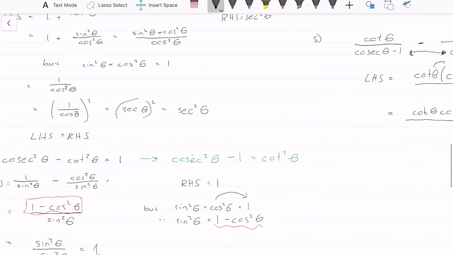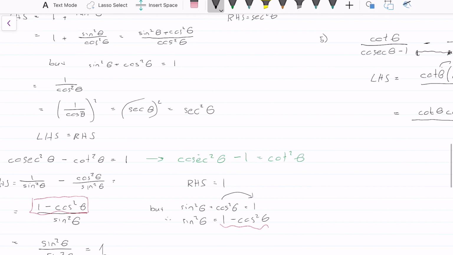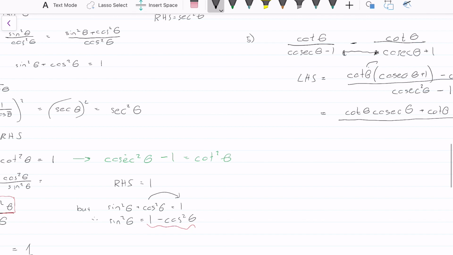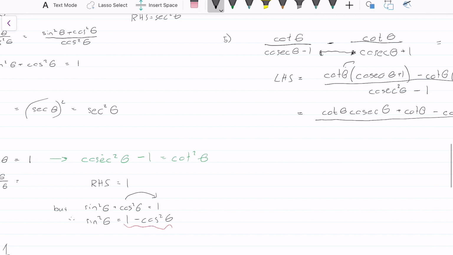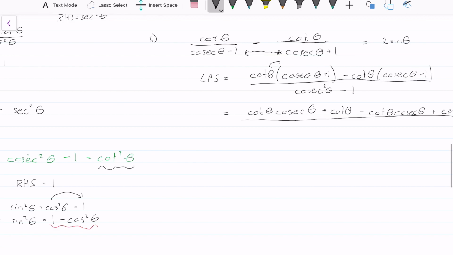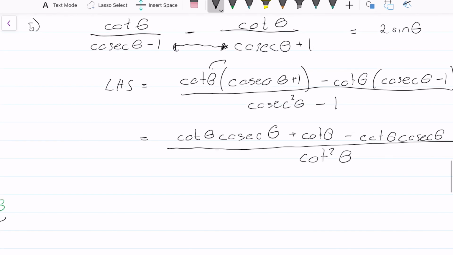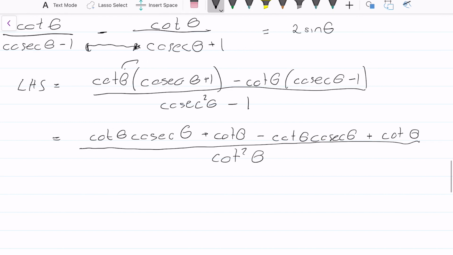But if we look here, cosec squared minus 1 is equal to cot squared theta. With these kinds of questions, if you have to bring in other identities, they'll probably have that as a hint of some sort in the question. Then we can see that some things cancel.